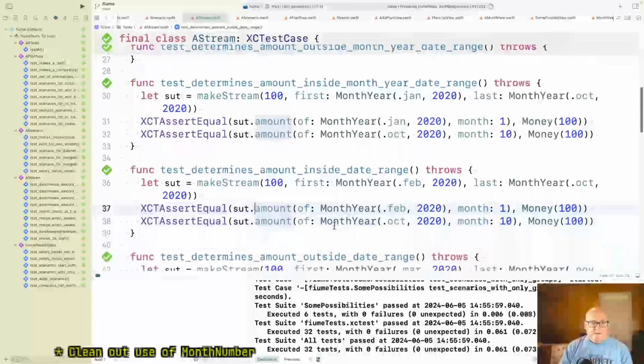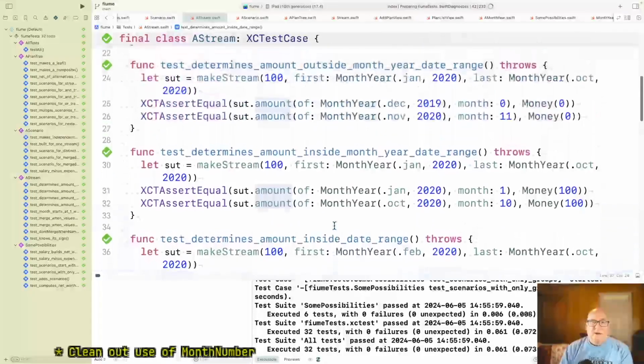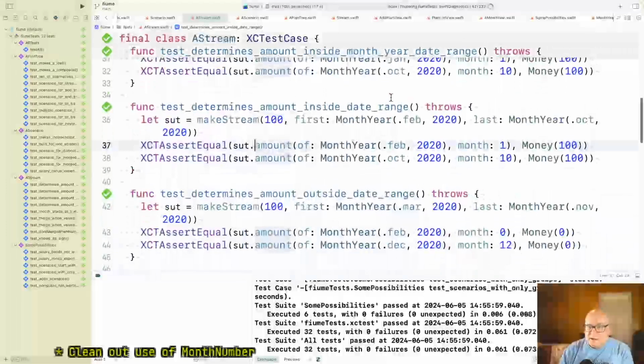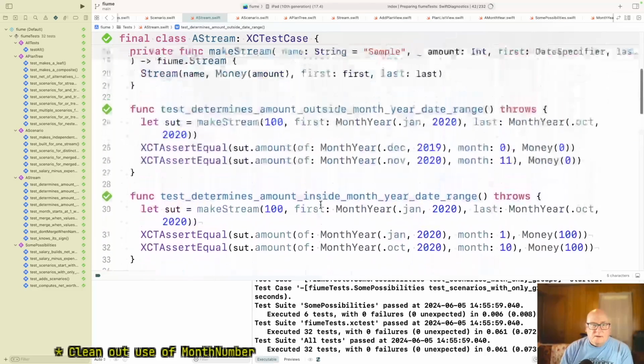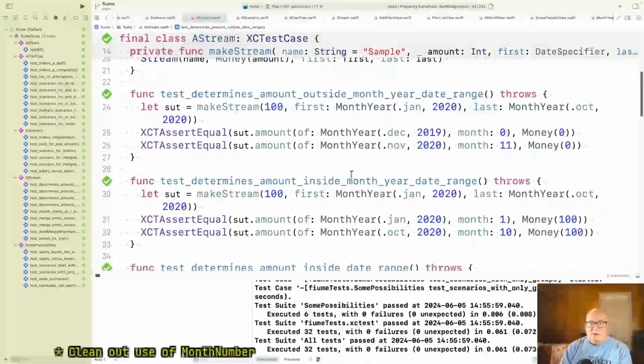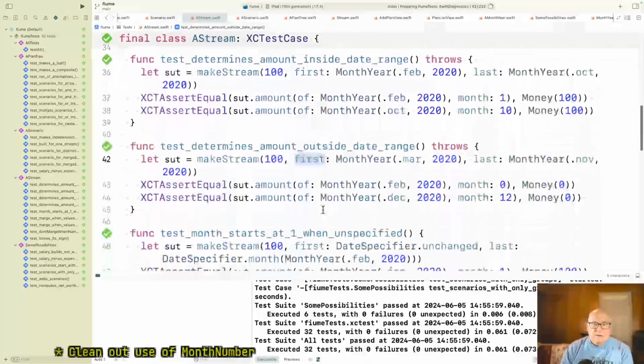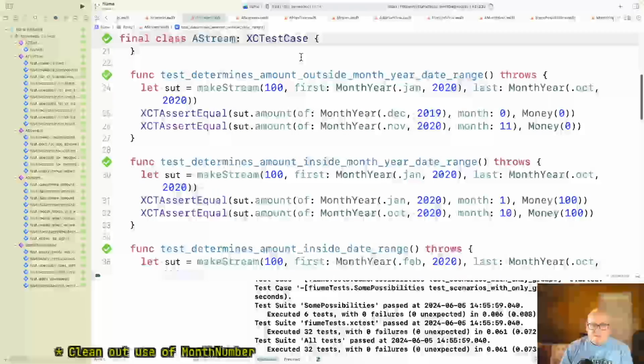Inside date range. Oh, I think I blindly changed these. Oh no, this is month 10. Inside month year, outside month year. Sorry.